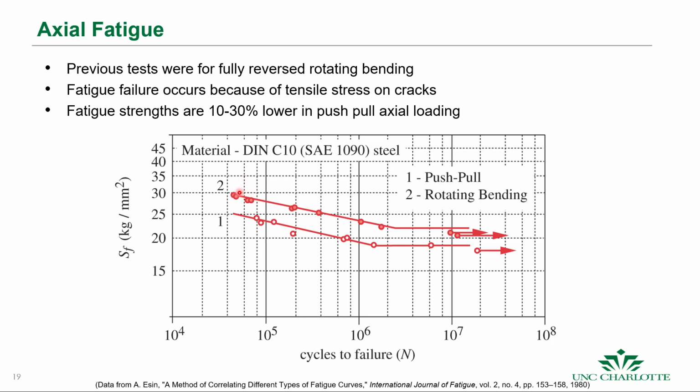And you can see that here. These are your rotating bending tests up here. This is your fatigue strength versus cycles. Then if you put an axial load here, the fatigue strength drops by 10 to 30%. And this is for a low carbon steel, a 1090 steel.